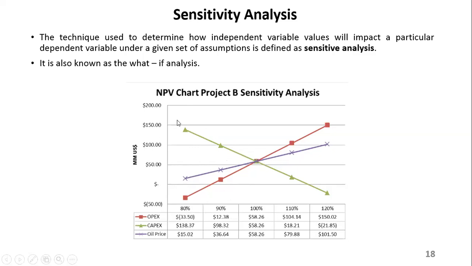If they say the NPV should not be lower than, let's say, 150 million, then all these points you can operate within for your project, and it will still be successful. Is that fine so far?